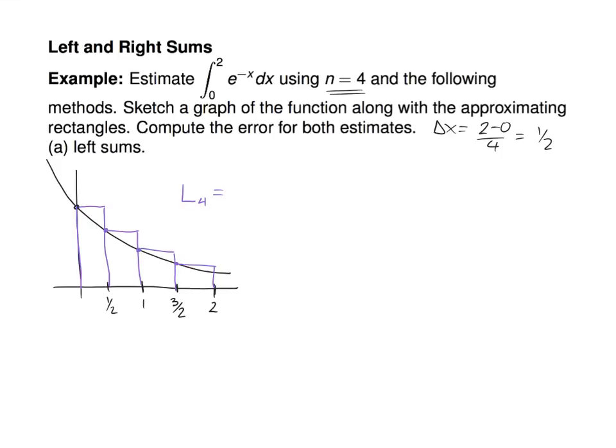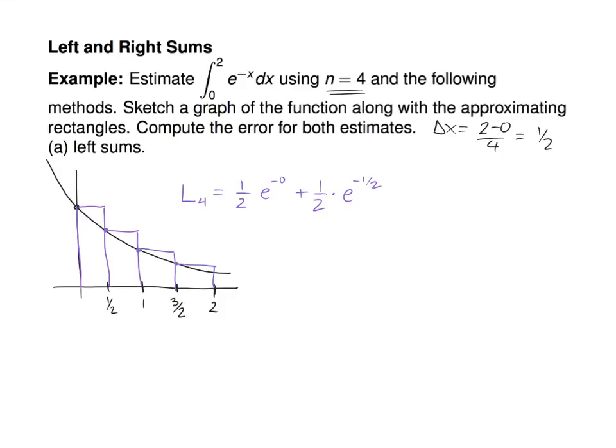Okay, what's the area of the first box? What's its width? 1/2. What's its height? Yes, and that you got by taking e to the negative 0. Does that make sense? Okay. The next box, what's its width? Times its height is e to the negative 1/2, because when you plug it in, there's the negative sign there.